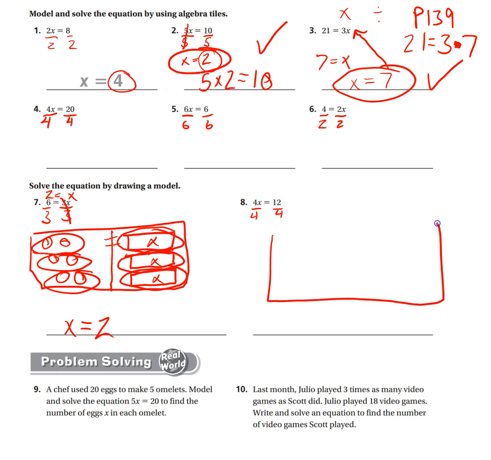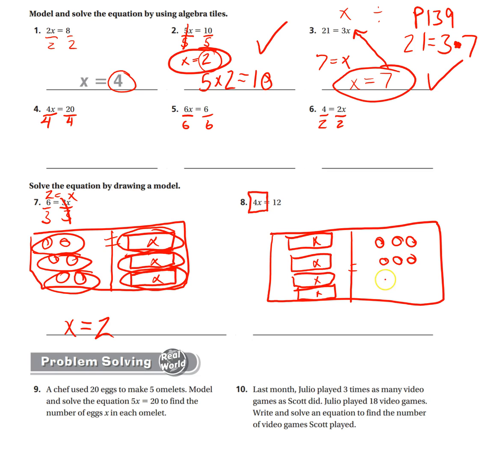Okay, over here we draw our equation rectangle. The line down the middle represents our equal sign. So if it's representing this, there's my line down the middle. On the left side I have 4 x rectangles. 1, 2, 3, 4. And on the right I have 12 1 tiles. 1, 2, 3, 4, 5, 6, 7, 8, 9, 10, 11, 12.